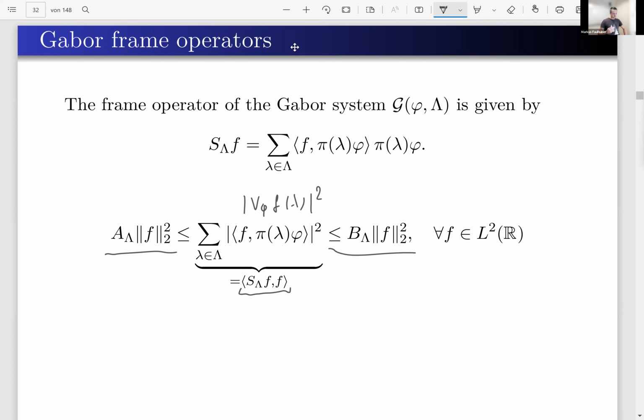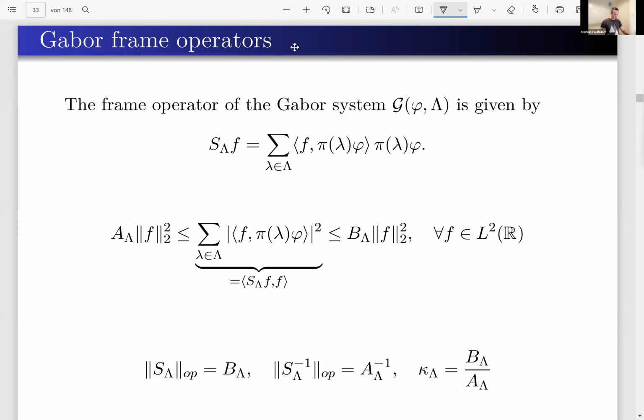So this is just the inner product of S_lambda f with f. And so the best possible bounds, A_lambda and B_lambda, that we can get are actually the operator norm of S and the operator norm of the inverse. And the quantity we are then interested in is the condition number.